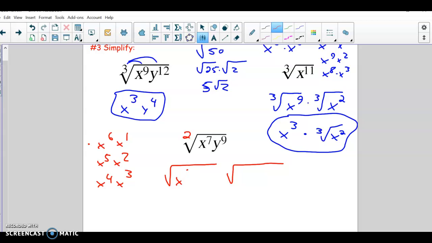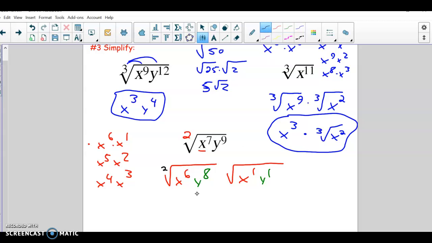So I'm going to do x to the 6th here and x to the 1st here. Remember, again, those add up, right? X to the 6th times x to the 1st is x to the 7th. Okay, and then for the y's, again, I just kind of count backwards. So 9 doesn't work. If I go back to 8, that is divisible by 2. So I'm going to put y to the 8th here, and then I'll have 1 in my leftover pile.